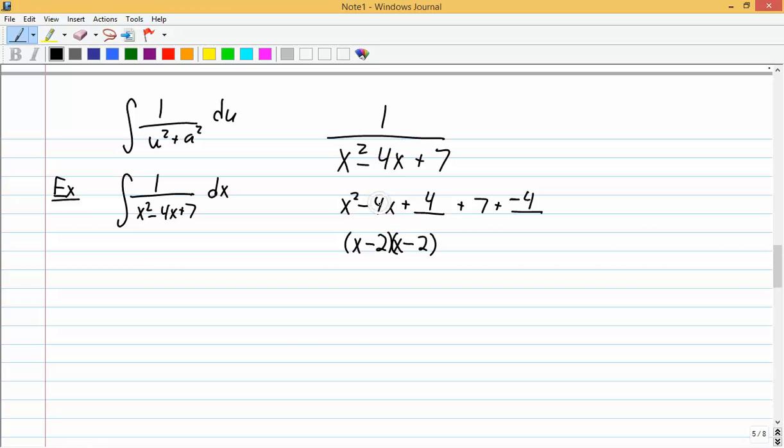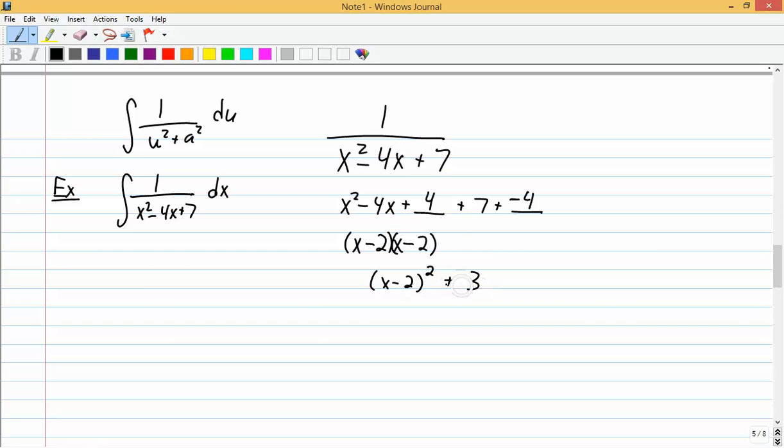So x squared minus 4x plus 4 is x minus 2 times x minus 2, or x minus 2 squared. Then a plus 7 and a minus 4, that's going to be plus 3. So if you were to square x minus 2 and add 3 to it, you would get x squared minus 4x plus 7.